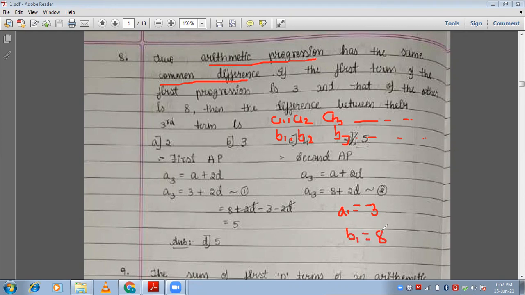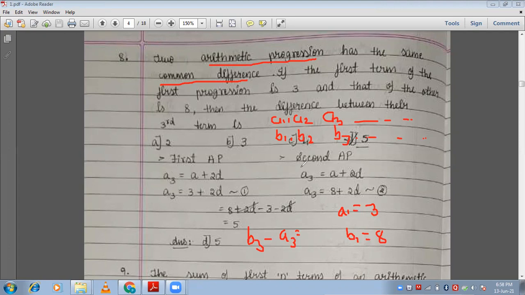You need to find the difference between their third terms, meaning B3 minus A3 is equal to question mark. So already we know the first term is 3. So A3 is equal to A plus 2D. Substitute for the first one: A3 is equal to 3 plus 2D.